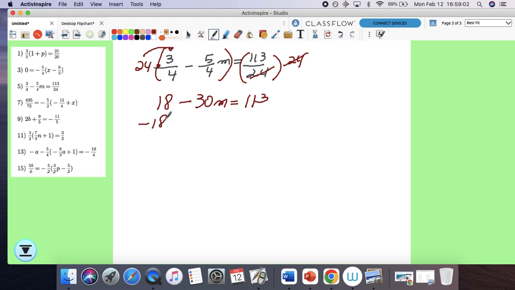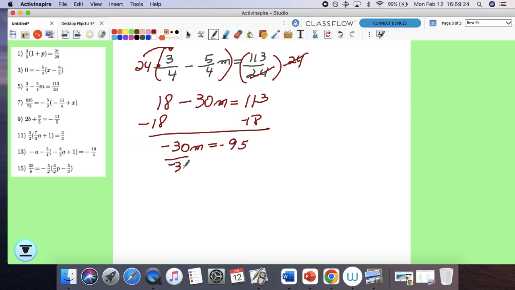We're going to do minus 18 on both sides. Feel free to use a calculator. 113 minus 18: 3 minus 8 is 5, 10 minus 1 is 9, so we have 95. So now we get negative 30m equals 95.